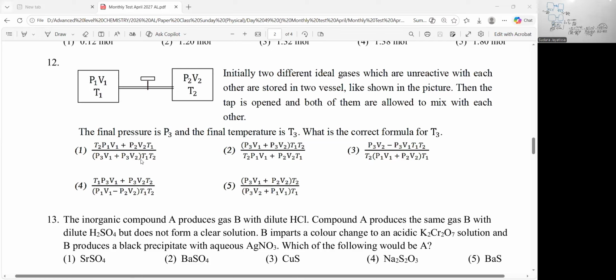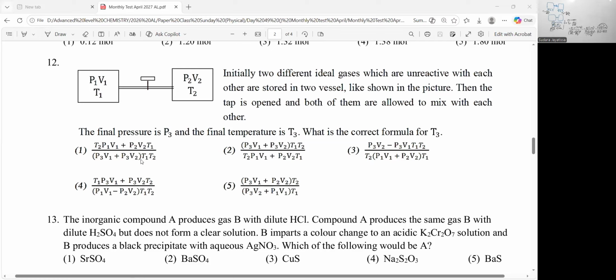So now it seems like this compound A should contain something that can release a gas with dilute acids. Okay, you have to touch into that theory part. You get the idea.